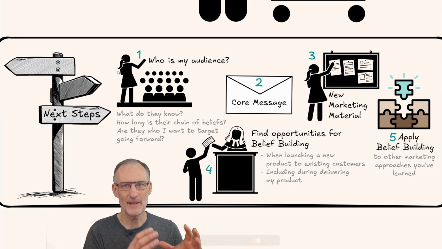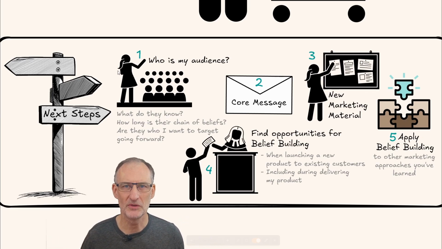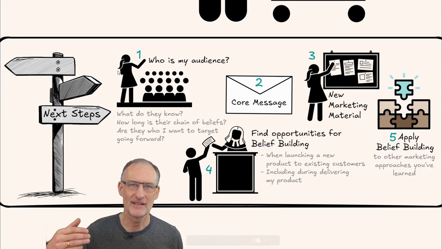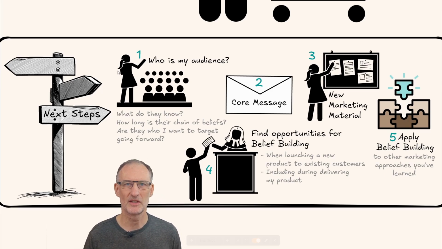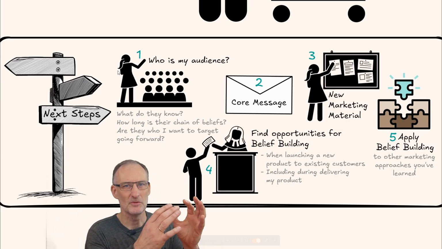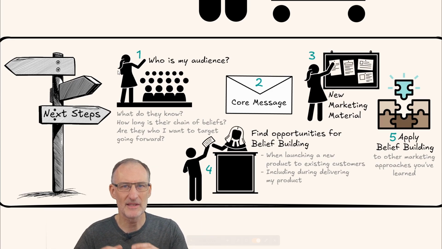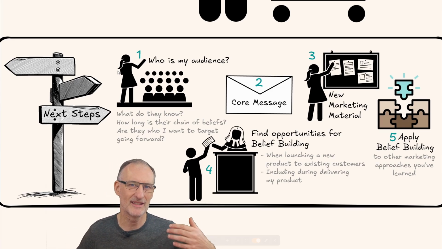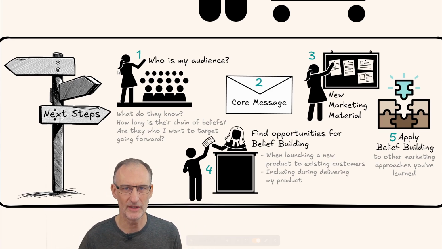And then step 4 is to find opportunities for belief building. And it's not just marketing upfront, it's marketing when you're delivering your product to your customer. It's an ongoing process. And think of it, wouldn't it be much better if every time when you're consuming something, there would be a clear set of claims and arguments supporting it instead of just boring content?